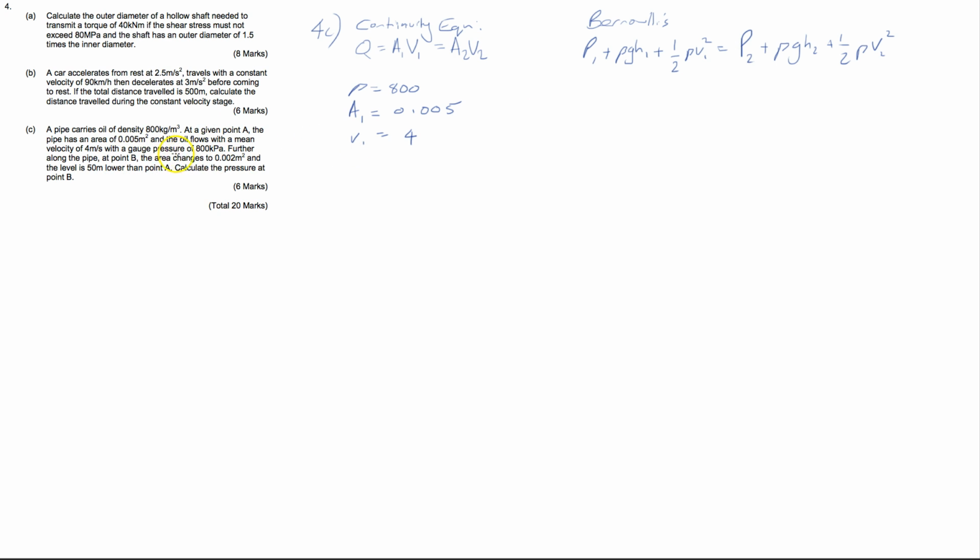They give us the inlet pressure as well, so P1 is equal to 800. Further along the pipe, at point B, the area, A2, changes to 0.002. The level is 50 meters lower, so H2 is 50. Calculate the pressure. We don't know what V2 is, that's easy enough to work out. Calculate P2, the pressure at the back end.